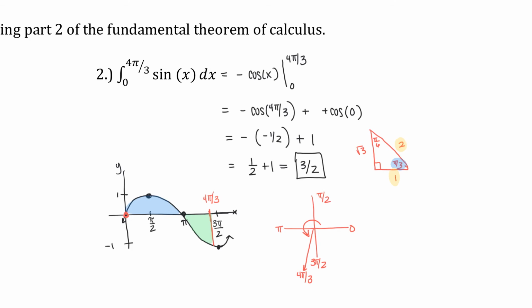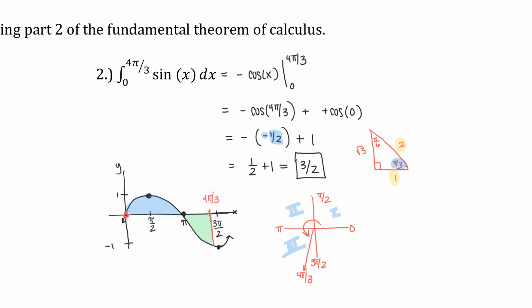And I know that cosine in the third quadrant here, in quadrant 3, cosine is negative. So that's why I knew this was negative 1/2. 1/2 I got from my triangle, the negative I got from knowing that cosine is negative in the third quadrant. Just a little review if you needed it.